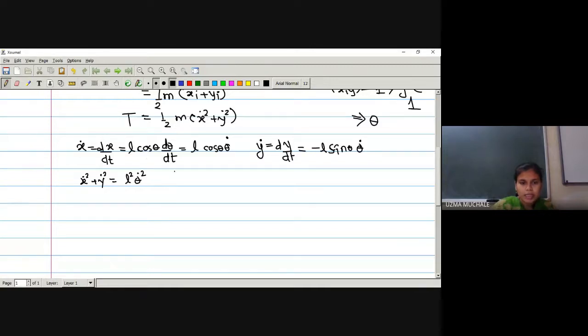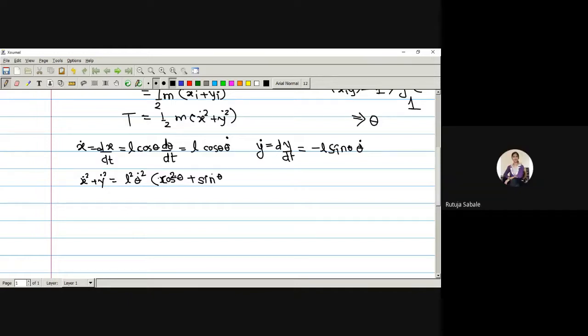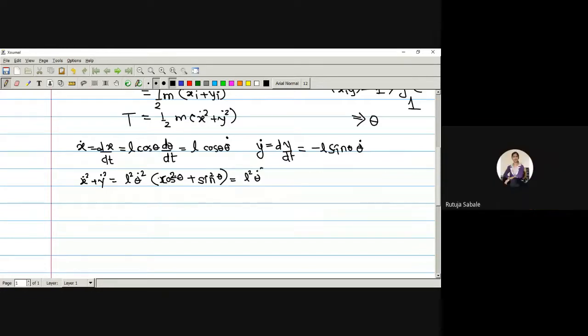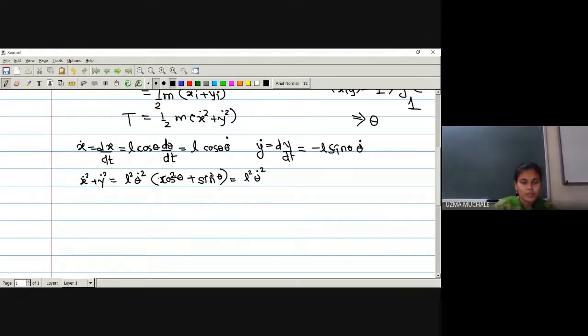So I can take L square theta dot square common. What remains in the bracket is cos square theta plus sin square theta. What is this identity? Sin square plus cos square is nothing but 1. So x dot square plus y dot square is L square theta dot square.